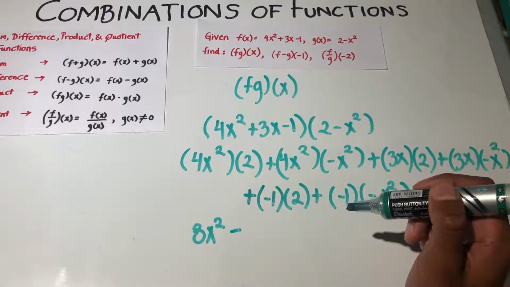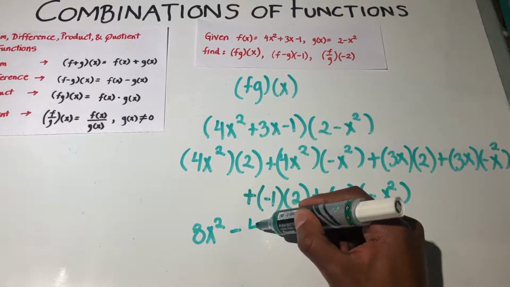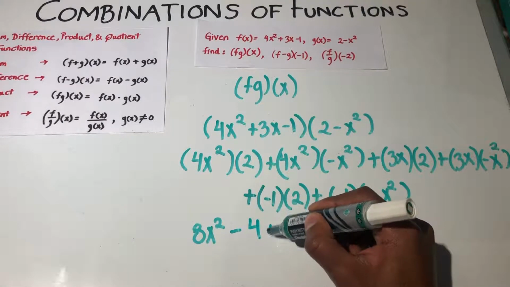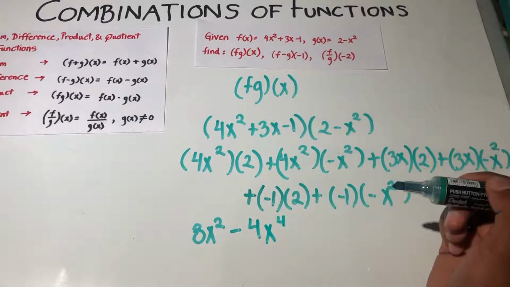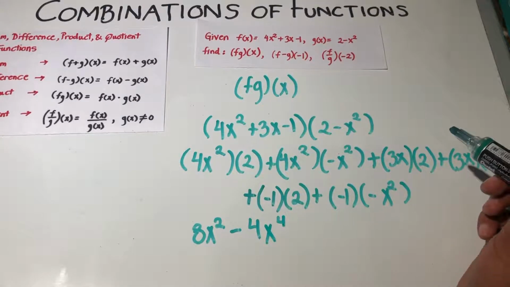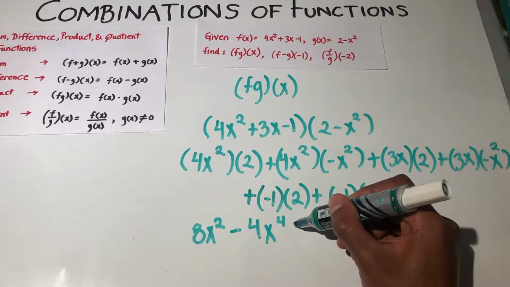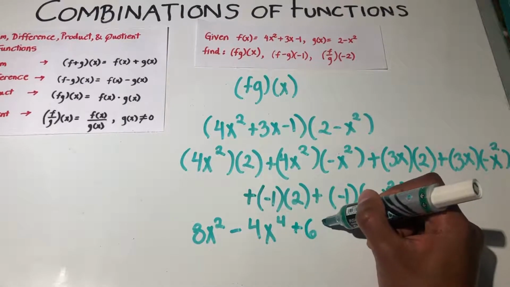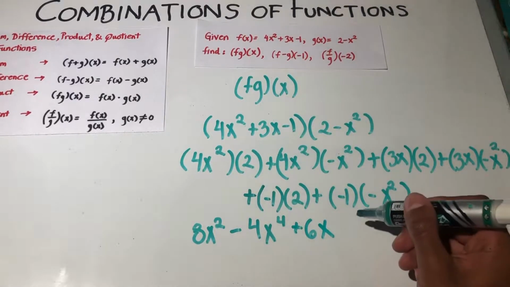Since we have the same base, we're just going to add the powers. So the 4 stays, and x becomes to the power of 4. Plus 3x times 2 is going to give us plus 6x. And then we have plus 3x times minus x squared.